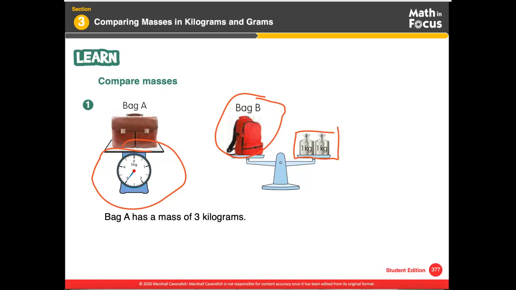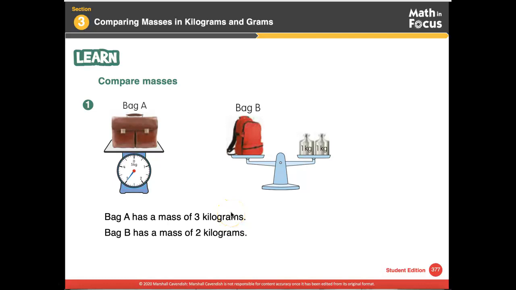The way we figure that out is you've got 3 on this side, and we know that this one equals this one because it's balanced, not tilted. So if we have 2 on this side, bag B must also be 2, right? Yes, we were correct. Bag A has 3 kilograms and bag B has 2 kilograms. Therefore, bag A is heavier than bag B.